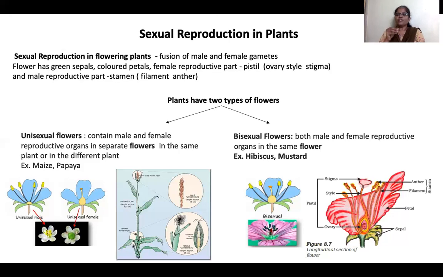These pollen grains hold the male reproductive cells. The anther produces pollen. The ovary produces ovules. Ovule is the female reproductive cell, whereas pollen is the male reproductive cell.